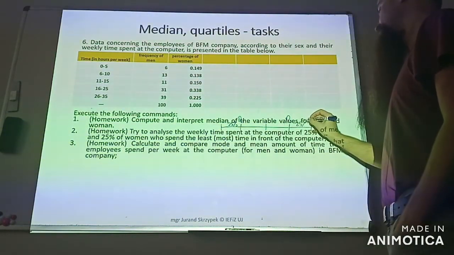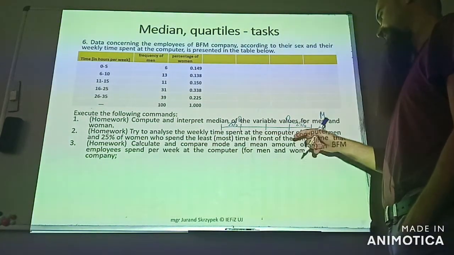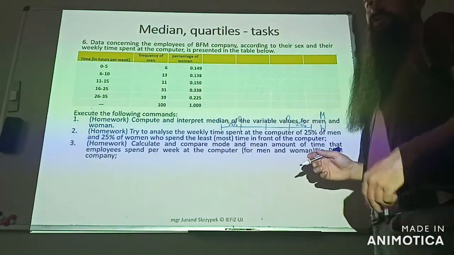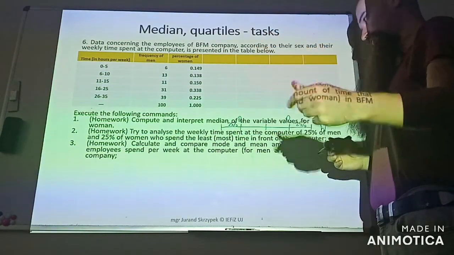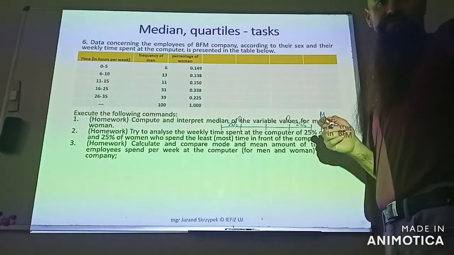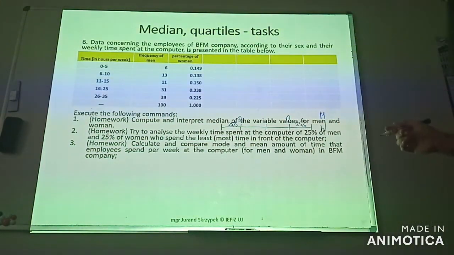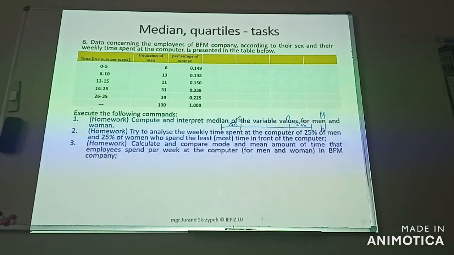Here we have the group of women or men who spend the most time in the front of the computer. And please compute these 4 measures of position: 2 first quartiles and 2 third quartiles for respectively the group of women and the group of men.